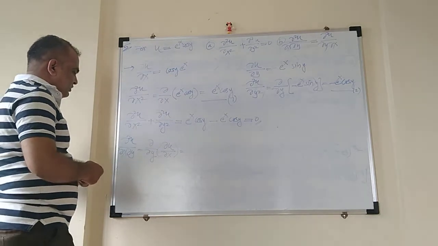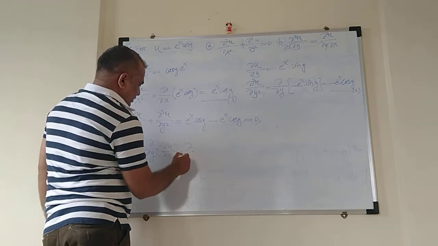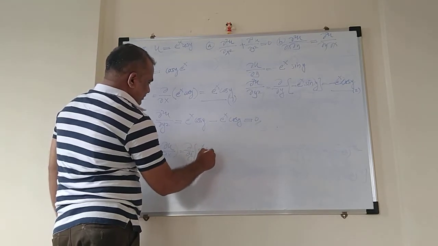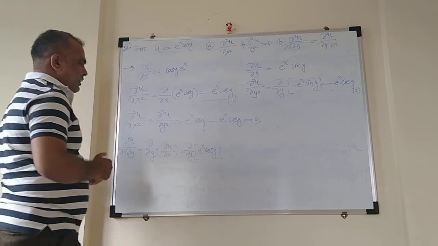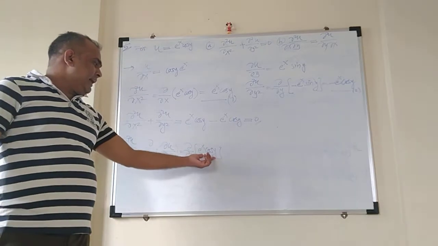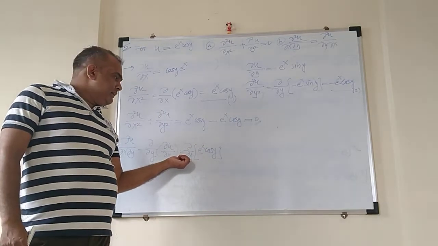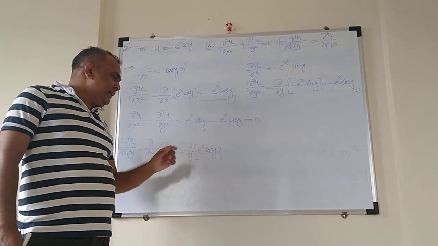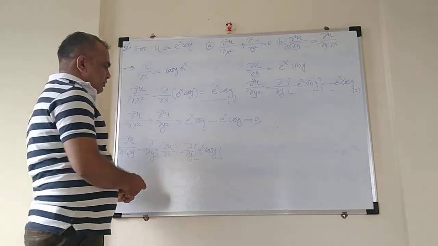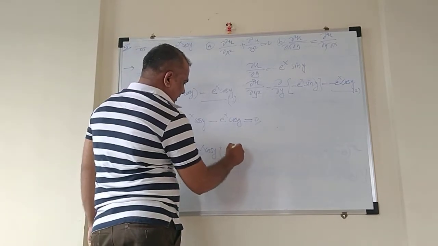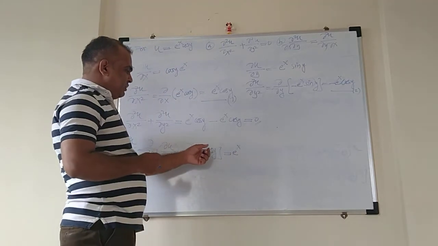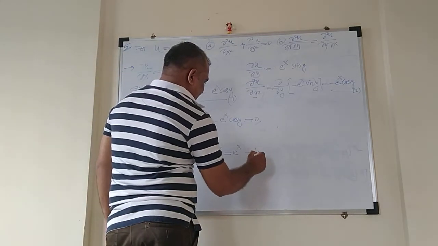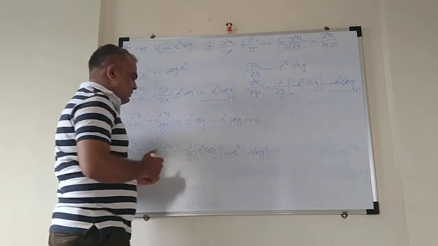To differentiate this with respect to y, this is dou by dou y of e raised to x cos y. Now we have to differentiate this bracket with respect to y. That means e raised to x is acting as a constant function, so let me take e raised to x outside. If you take e raised to x outside and differentiate cos, its differentiation is minus sin y. Fine.